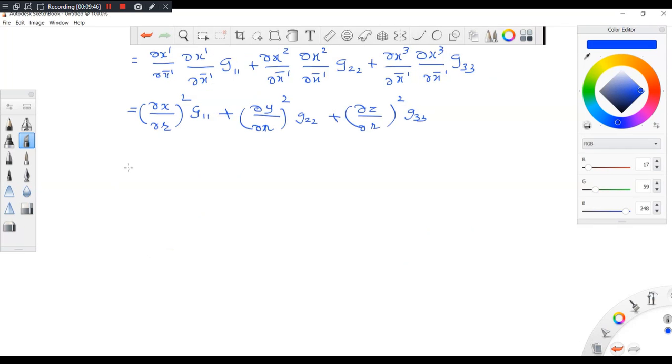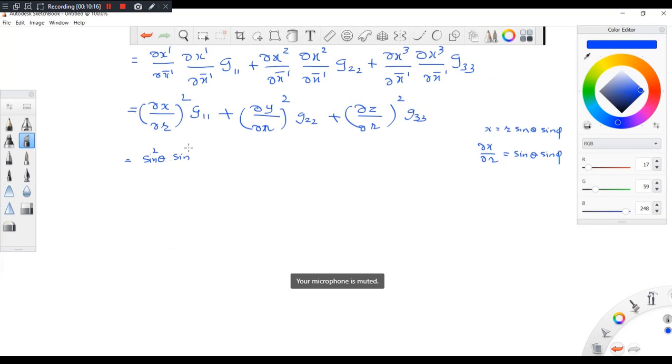x is r sin theta sin phi. So you know that ∂x/∂r will be sin theta sin phi, so this will be sin² theta into sin² phi, G11 is 1.